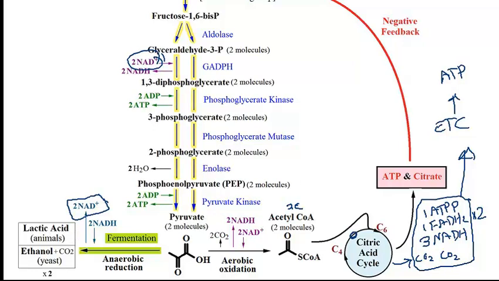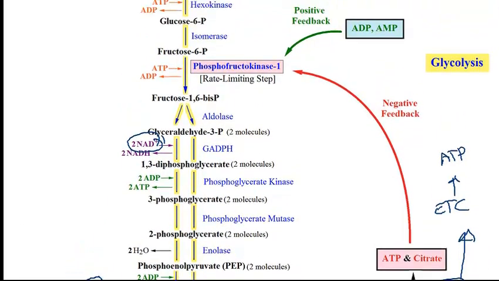One last point that I would like to mention about glycolysis before I move on to the citric acid cycle is regulation of glycolysis. Recall I mentioned that phosphofructokinase is the rate-limiting step of this reaction.